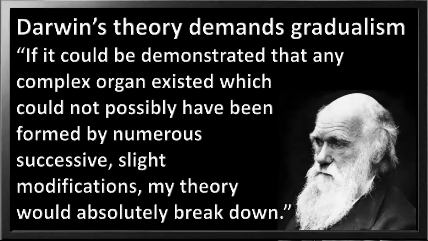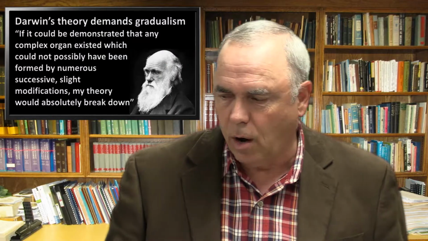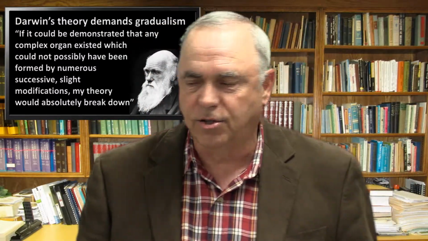And yet Darwin's theory demands gradualism. You will see this quote. I've already quoted it once in this class, if you remember, right at the very beginning. You'll see this quote again before this class is over, because it is part of the evolutionary theory. It is the dogma of evolutionary theory.